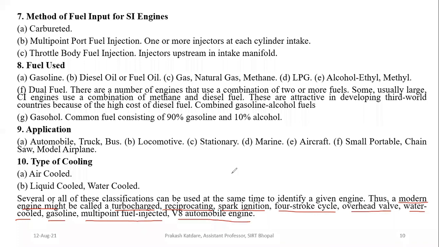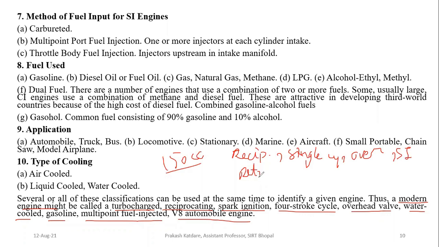So if you are having a bike of 150 cc, that engine, you can say, is a reciprocating, single cylinder, overhead valve, spark ignition, petrol, air cooled, carbureted engine.